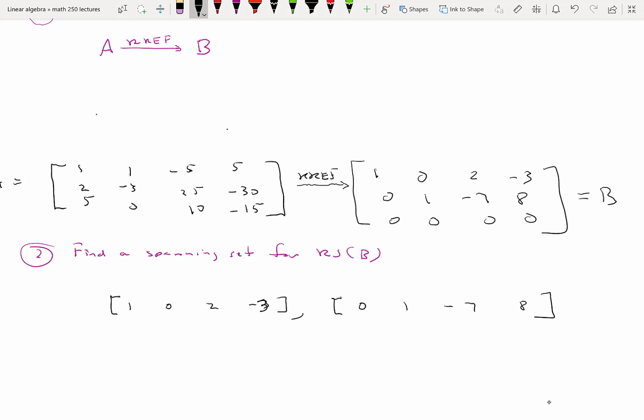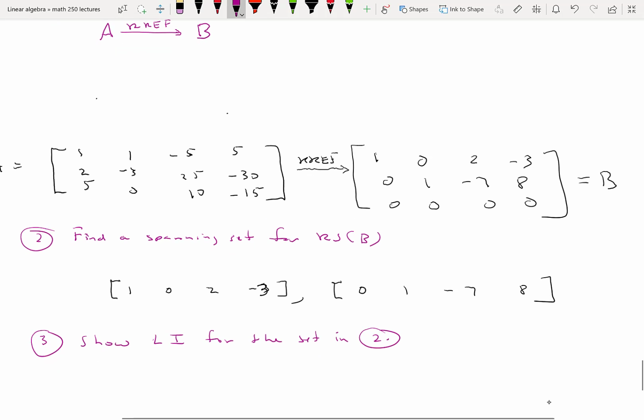Okay, we don't have a basis for the row space of B because of what? What do we need for a basis? We need spanning. We also need linear independence. Step 3, show linear independence for the spanning set in B, for the set in number 2.